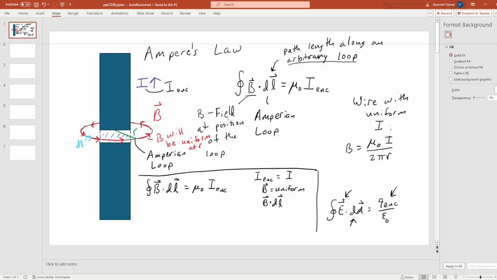So that allows us to say that B dot dl is just equal to B dl.